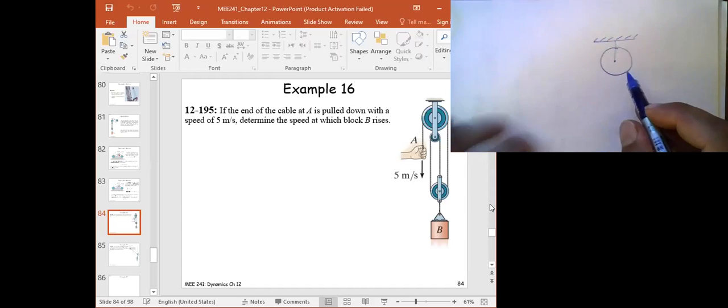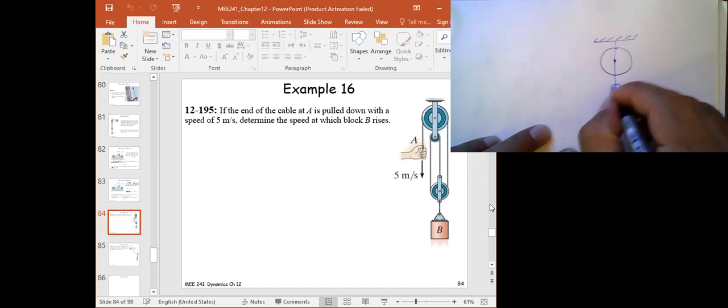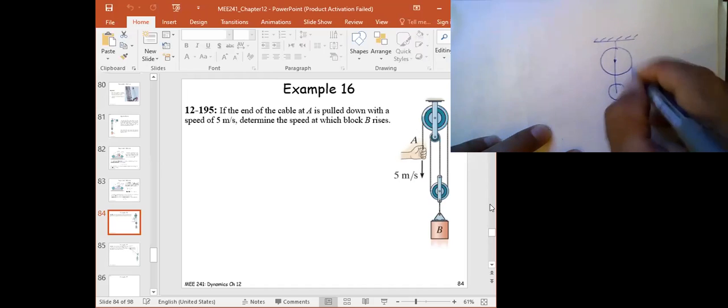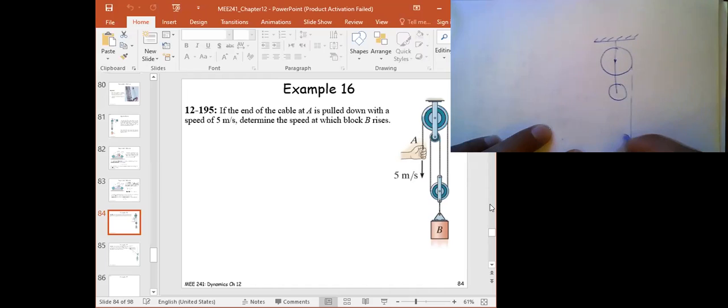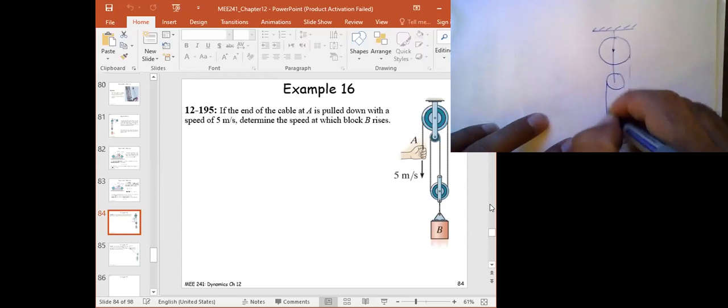This is a top pulley, right? At the bottom of the top pulley, I have a smaller pulley. Then I go down and have a pulley here, then I go up, and this is connected here, right?